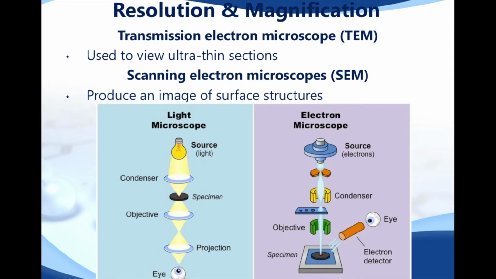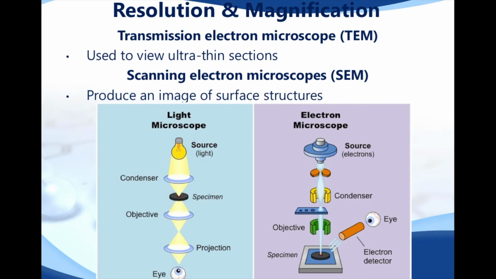So as you can see from the diagram underneath, we have a picture, almost upside down in a way, of the light microscope, where at the top we have the light which shines through a condenser, then it goes through your specimen, the objective lens, and then it's projected through to your eye.